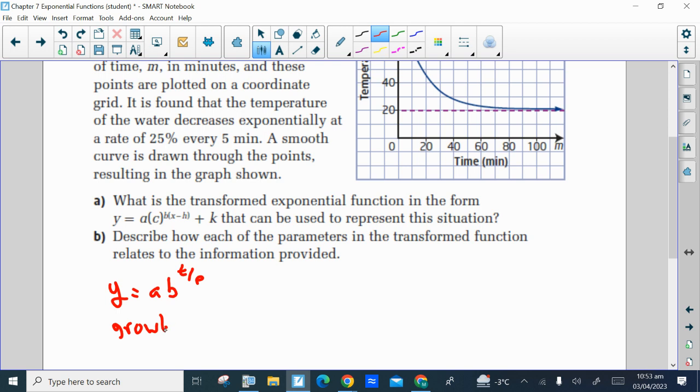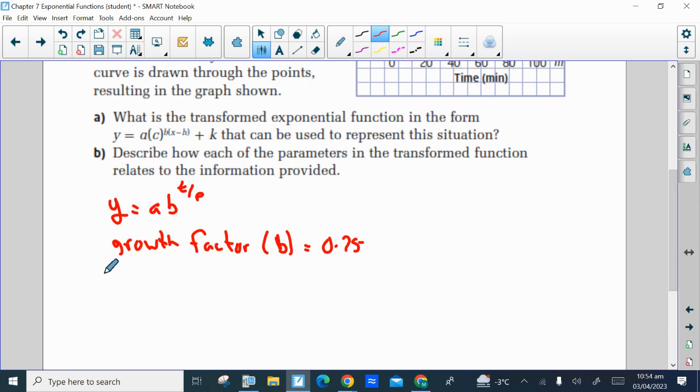So our growth factor, which is what b is, will be 0.75. So we can put that in our equation. So now we have y equals a times 0.75 to the power t over p.